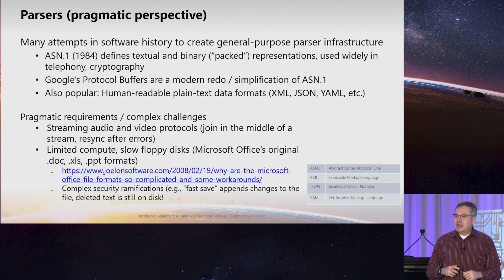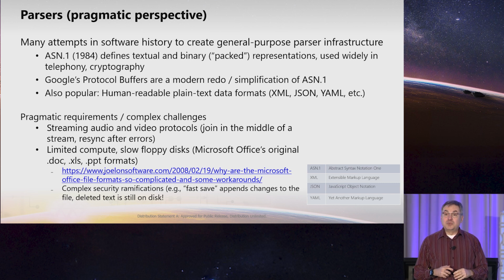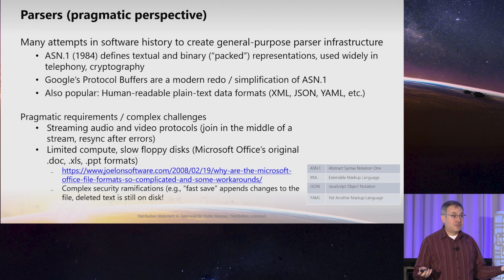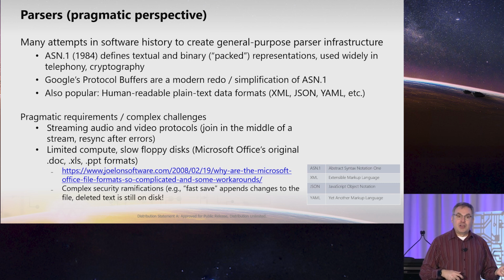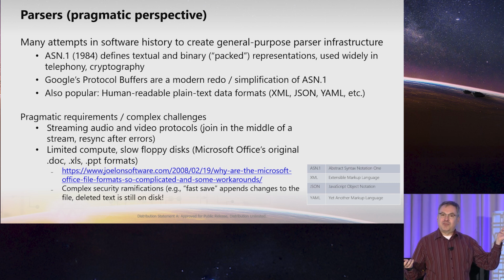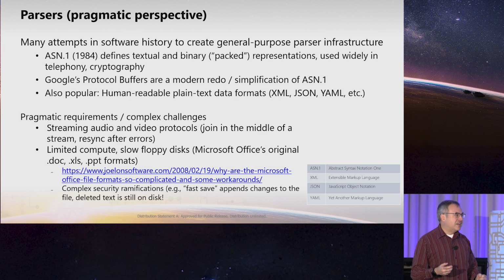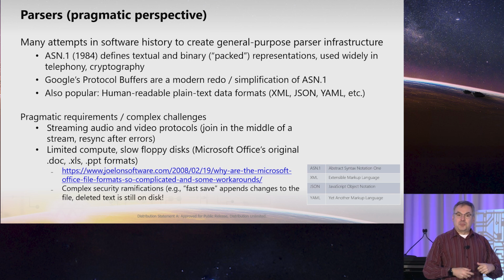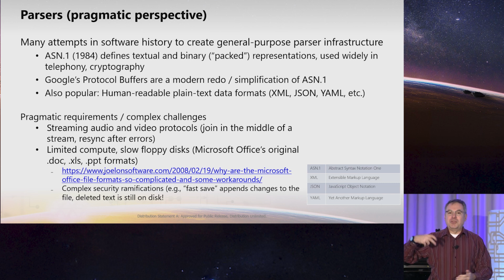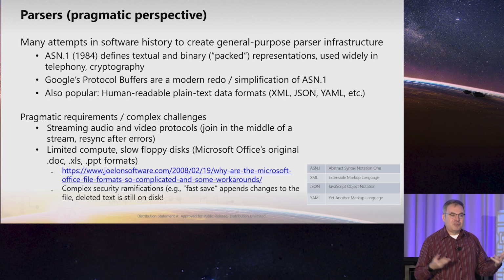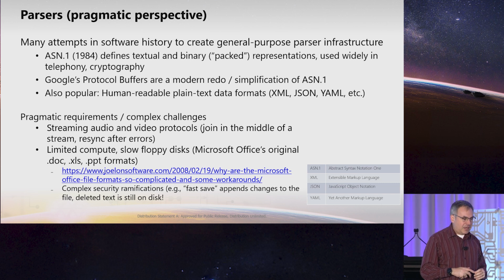Google decided to reinvent the wheel and do it in a pretty good way. So if you've heard of Google's protocol buffers, those are a very robust version of the same idea, where you write down an abstract specification of the messages, and then it's the job of a formal tool to process that abstract specification and give you all the serializers and deserializers to help you deal with that.